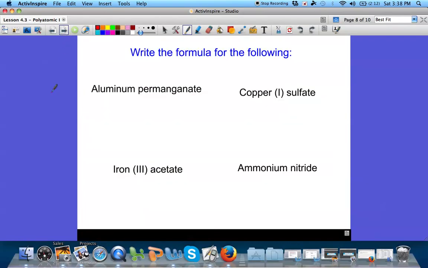You have a few more examples here. Go ahead and pause the video and try these on your own. Welcome back. We have aluminum permanganate. So the symbol for aluminum is Al3+. The formula for permanganate is MnO4 1-.